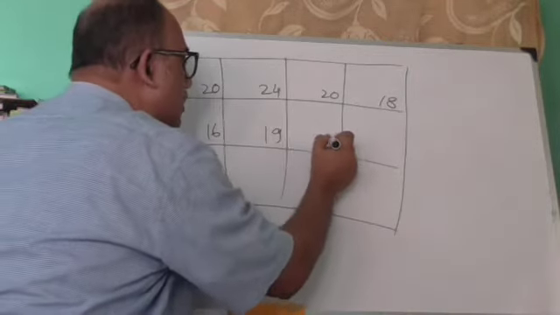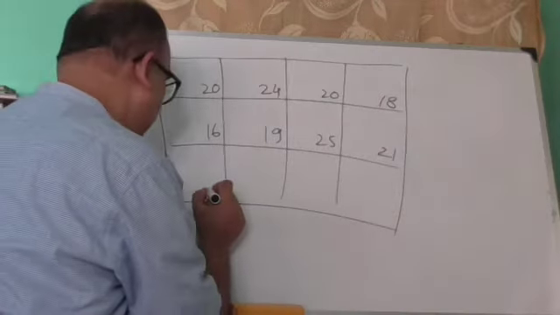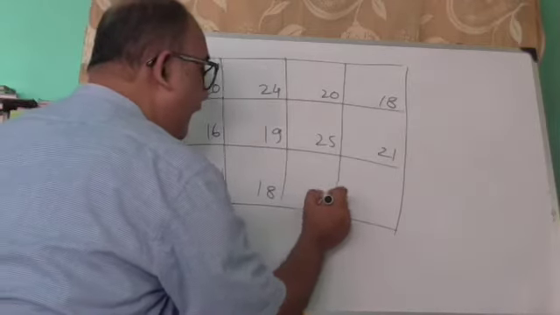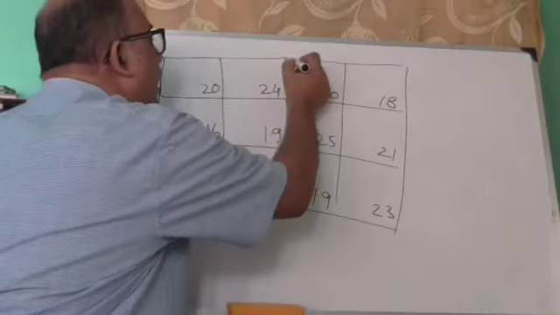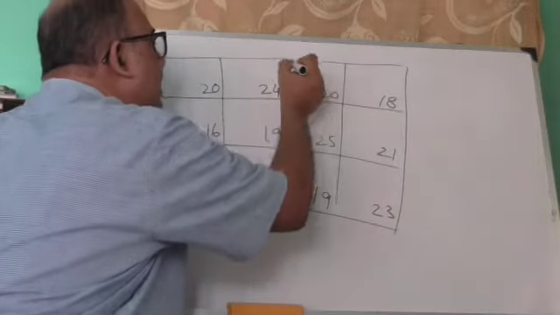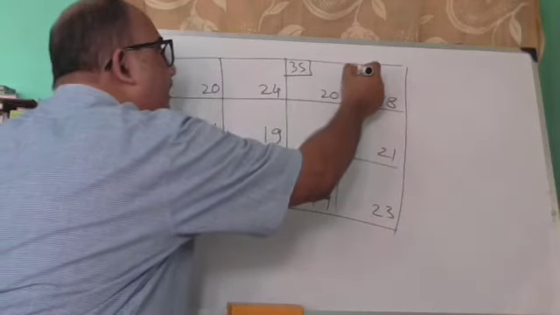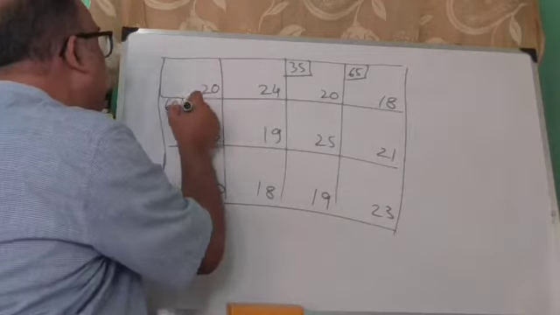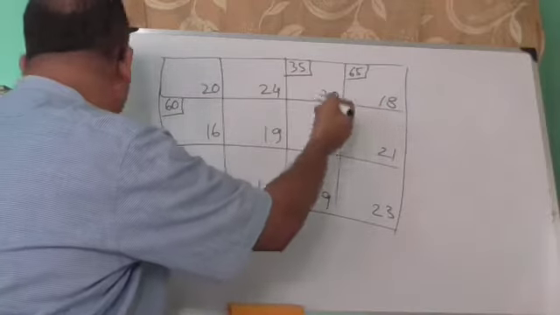These are the costs, 25 and 21. Then 20, 18, 19, 23. And in the new allocation, X13 and X14 remain unchanged. X21 also remains unchanged. Now X23 has become 0 because 20 minus 20 is 0.